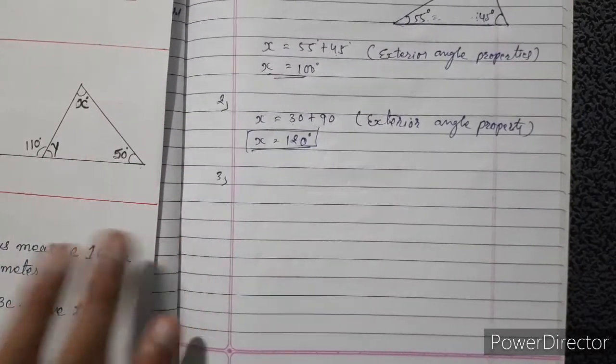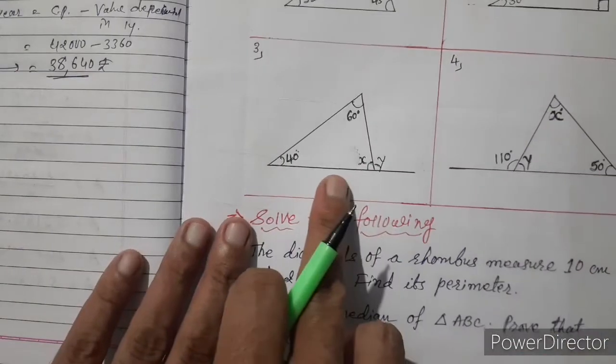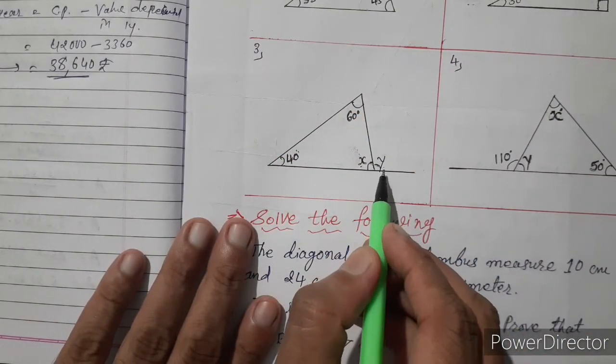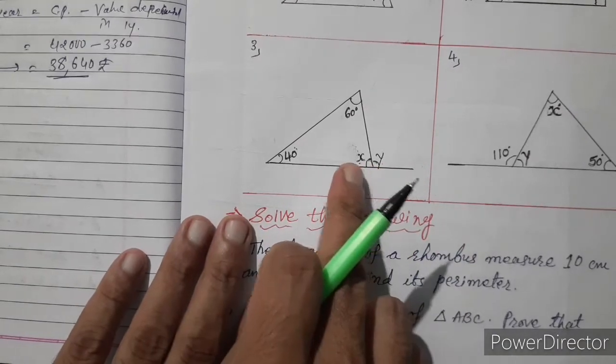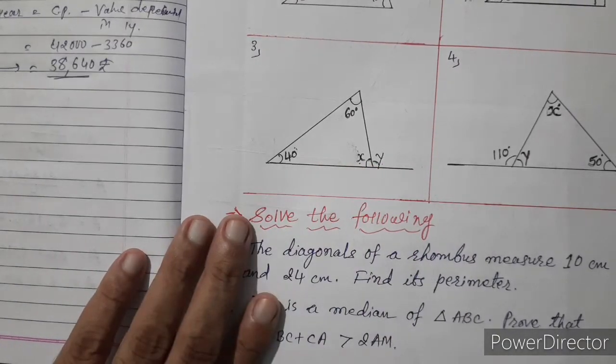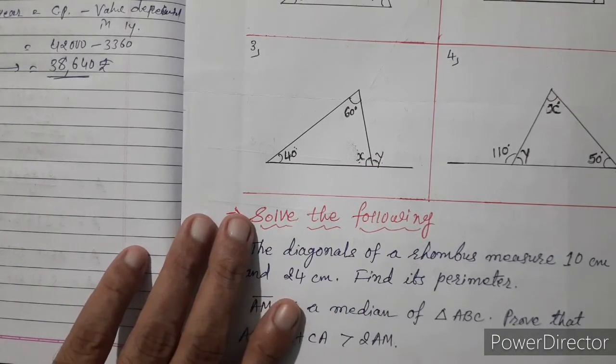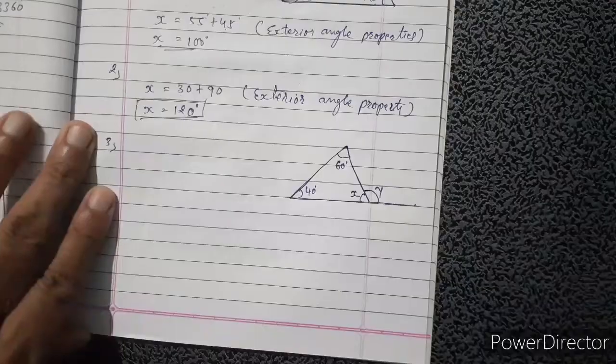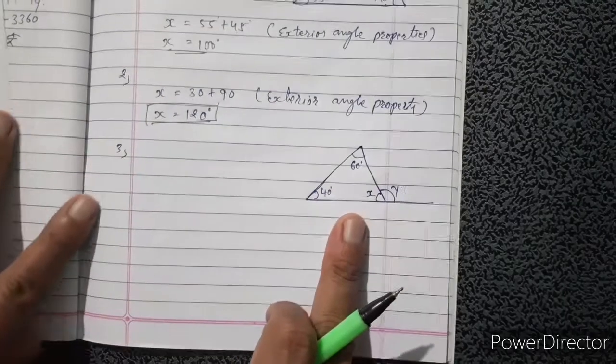Number 3, look here, one triangle is there with x and y. First we draw this one and then find the values of x and y. Look at the diagram.